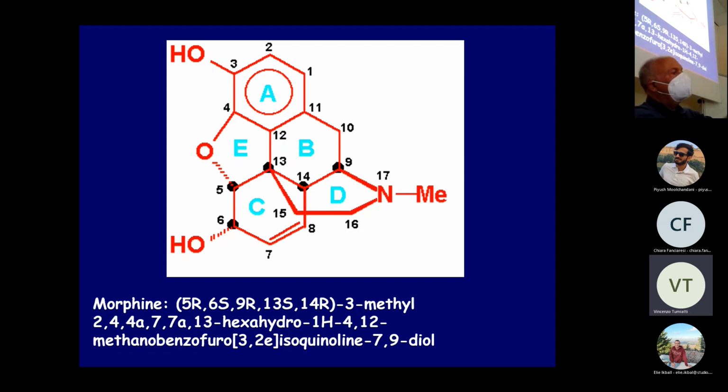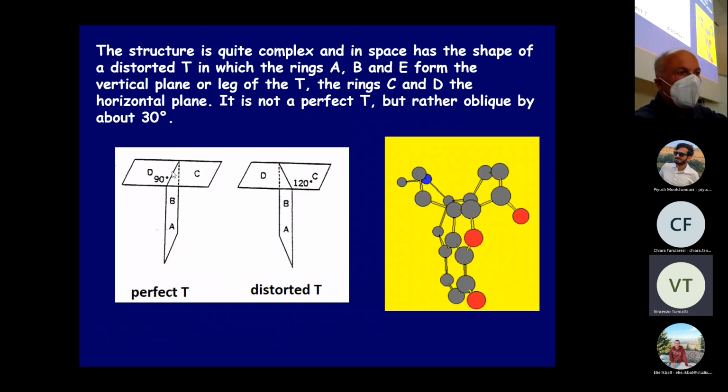So you can see that the molecule looks like a T, the alphabet letter. You see here the T, and the two legs of the T here are formed by ring C and ring D. But it is not a perfect T, it is a distorted T, because you see the three rings are shifted of about 30 degrees.